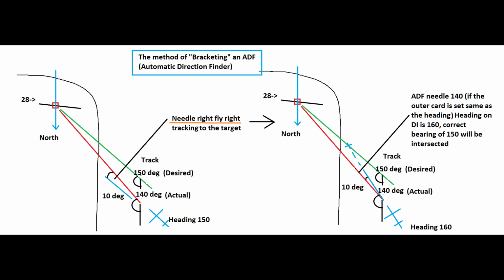Before moving on to the next part of the video, it's worth reviewing what actually happened with the ADF needle whilst tracking onto the airport. As we brought the aircraft parallel to the desired track of 150 degrees by adopting a heading of 150, the ADF needle pointed towards the airfield and was 10 degrees off to the nose.